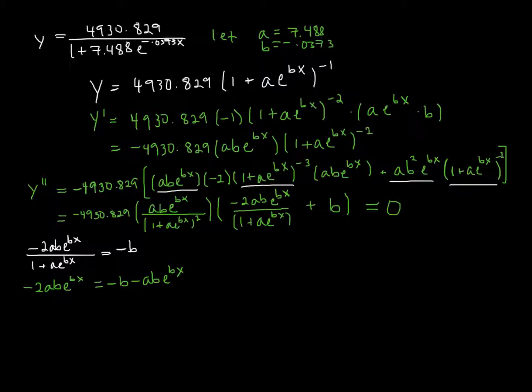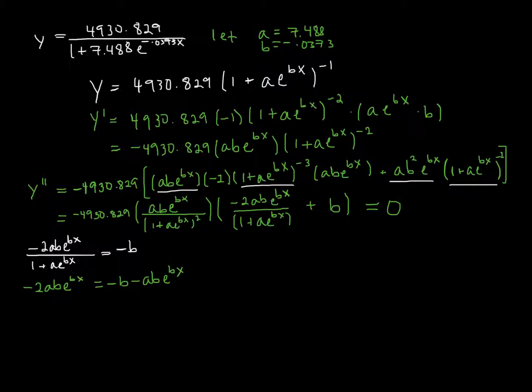And so I know that the only way to get this x value out of the exponent is to take the natural log of both sides at some point, because natural log of e to the bx is going to be bx times natural log of e. And of course natural log of e is 1, and so that will allow me to have my exponent outside.